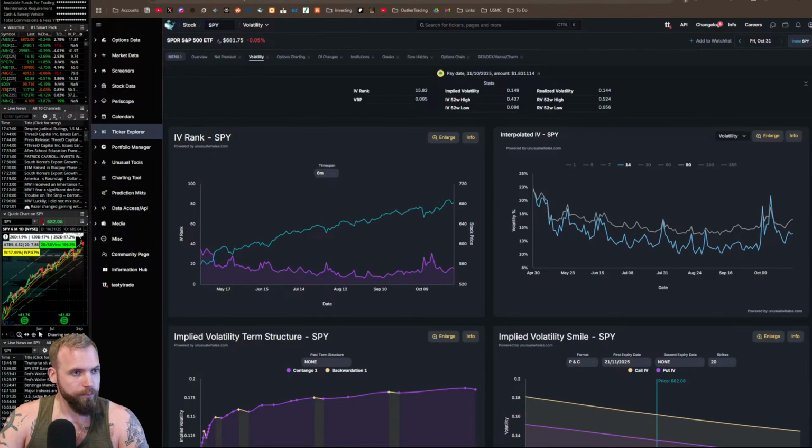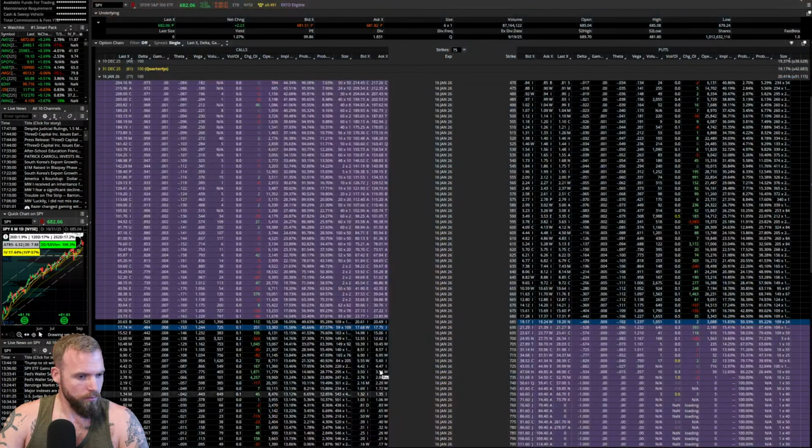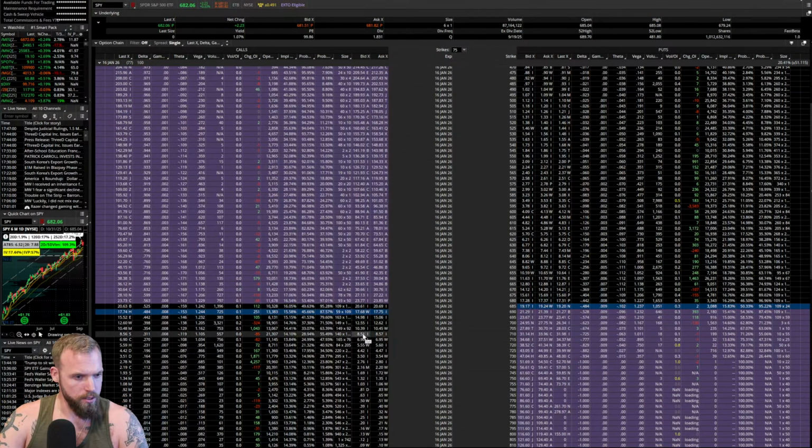Here's what I mean. We'll find an example. Right here, this is a great example. If I look at the 740 77 days out in S&P, I can see that the size is 301 by 219.